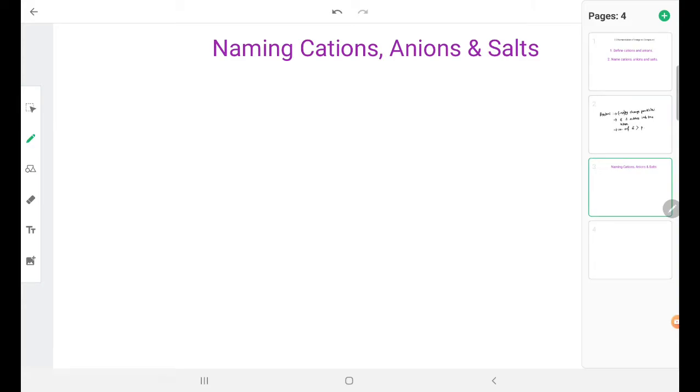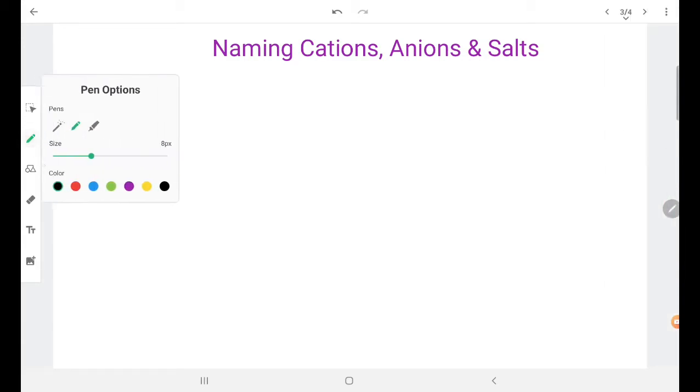Okay, so how do we name our cation and anion? Now let's see our exercise, lesson 3, subjective question number 3. So for example, let's say we have CaO.